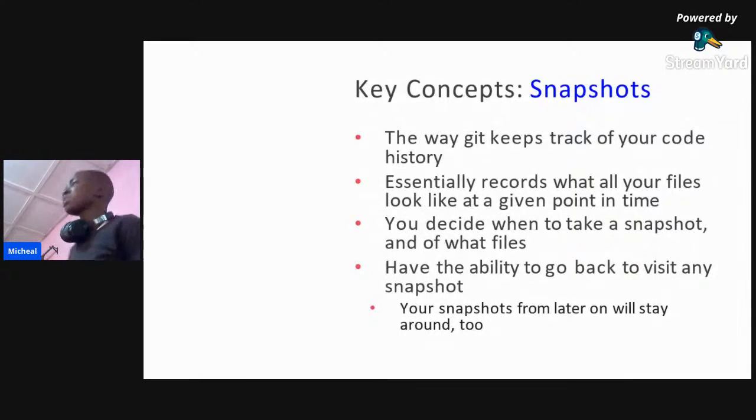I was thinking it should be out of the scope of this, because this is just an introduction to Git and GitHub, so I won't talk much about conflict. Am I permitted to proceed with it? I don't want to confuse us. Can I talk about it? Okay, let's spend more time on it.